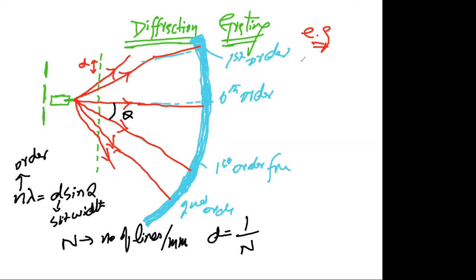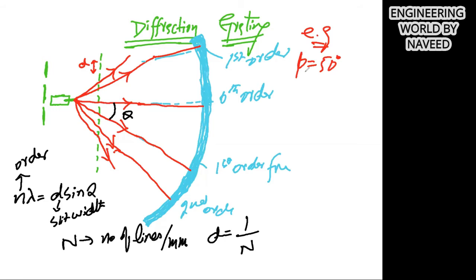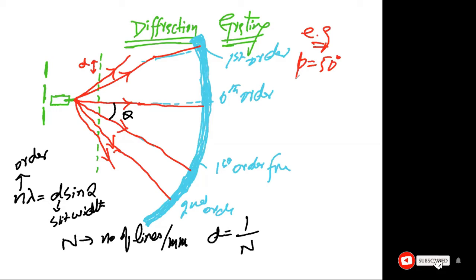Okay. So if theta is given to you, let's say this is 50 degree, and the order is, let's say, second. This is 50 degree that is given to me, and the question is find the wavelength of light, and the number of lines per millimeter is 100.